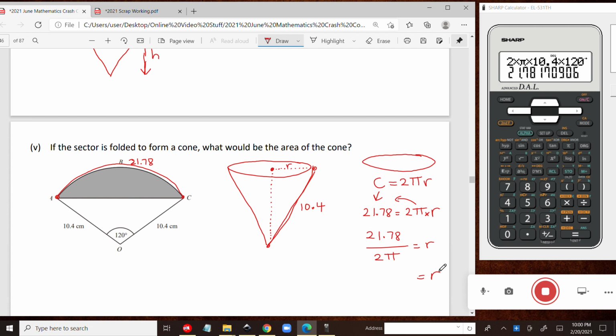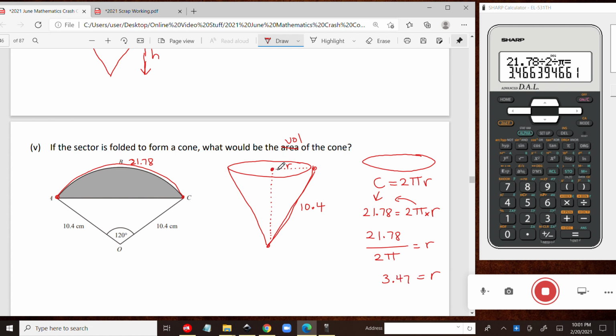By the way, I made a mistake here, so it'll be volume once again. To find the radius now, we take 21.78 divided by 2, and then we divide it by pi. And we get how much? 3.47.